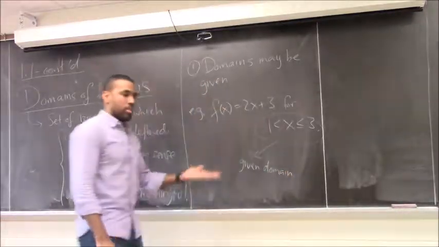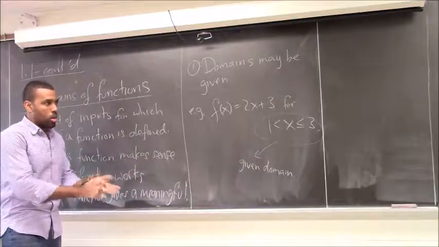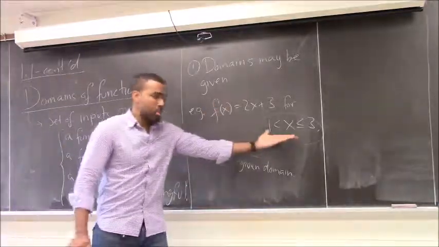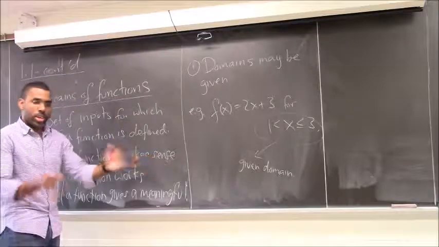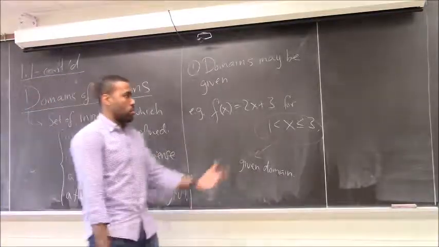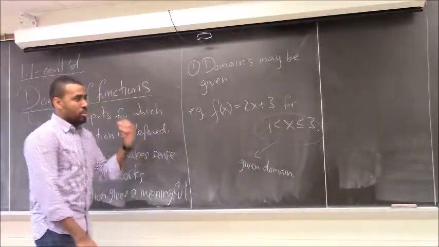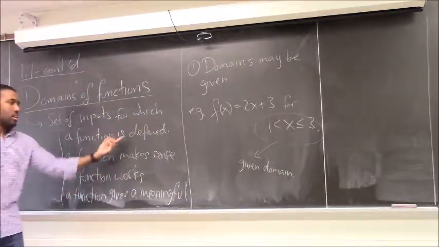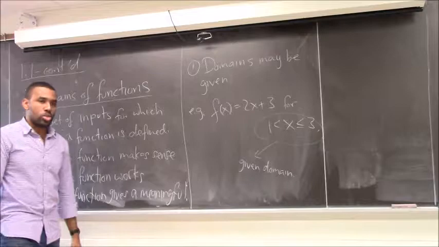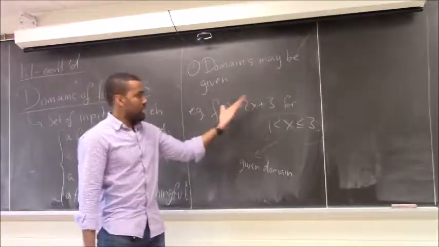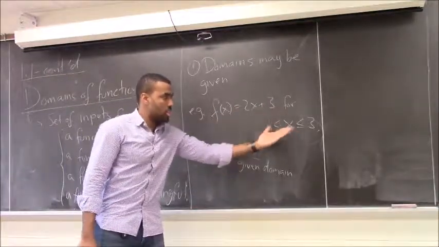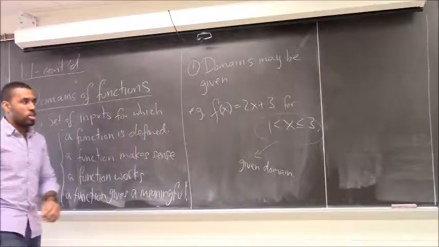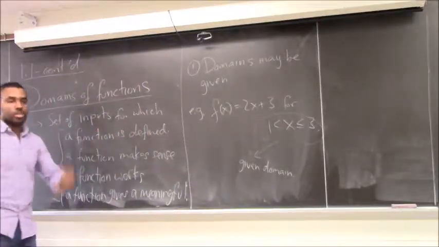Sometimes you give a definition, but you don't want it to work always or everywhere, so you can specifically say to the audience, okay, here's where this function that I'm defining will work. It will work for all these values. So if I give you x equals 4, I don't know what that will be. It doesn't make sense. It's not defined for x equals 4, so it's not in the domain. So I can say this is a function that is defined on this domain. It means those are the values that it would make sense to plug into the function.